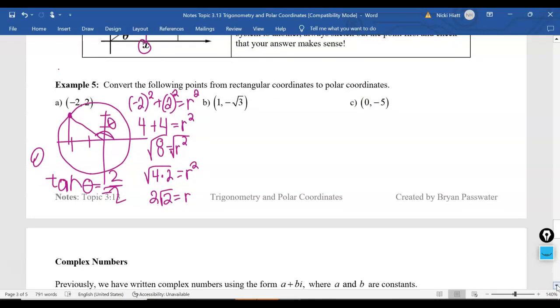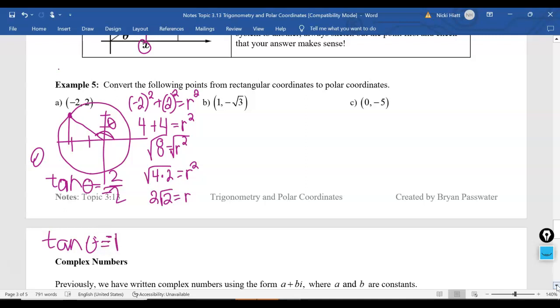Just move this down. So that means we're looking for where tangent of theta is going to equal negative 1.